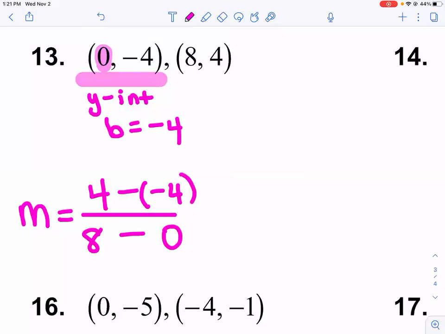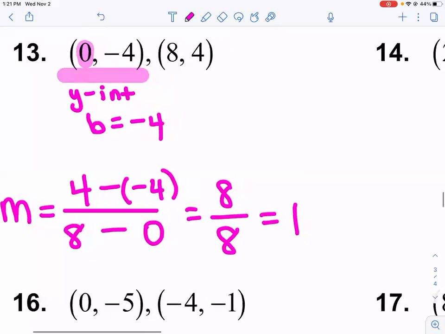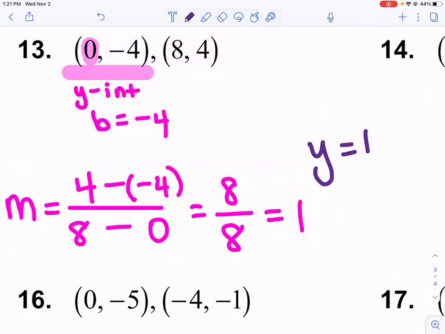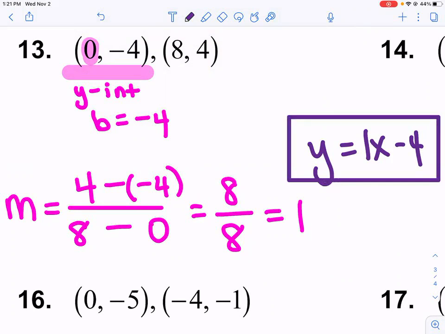Remember that? Yes, you just did it on your test. Eight over eight, right? Which is one. So y equals 1x minus 4. Now, technically, we wouldn't need the 1, but if you wrote it, no one's going to get upset.